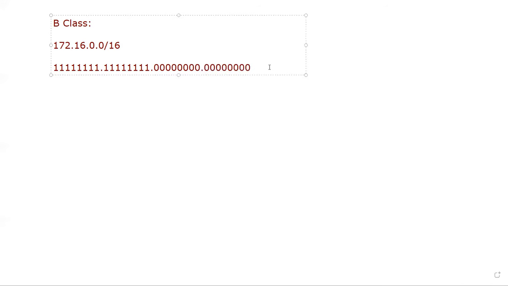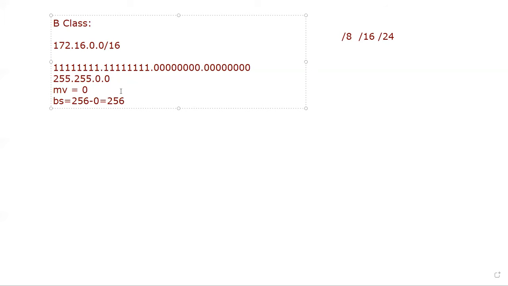So what will be the subnet mask? 255.255.0.0. What will be the magic value? 0, because I told you 8, 16 and 24 are the fixed subnet masks. What will be the block size? The formula remains the same.